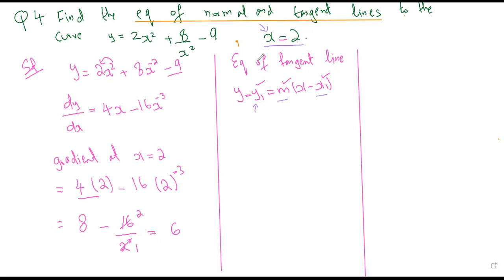What is the y coordinate when x is 2? This is your equation. We use the first equation. Very good. And we plug in the value of x to get y, right?